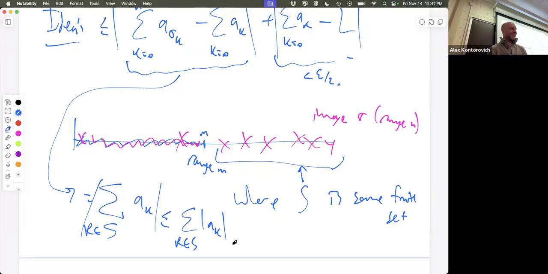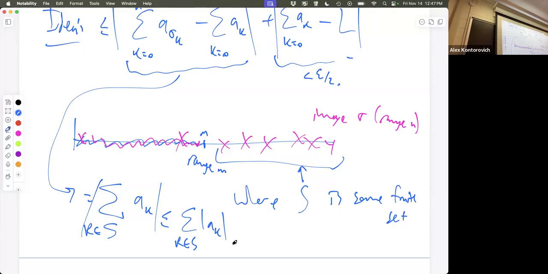Joe? It's absolutely convergent, so the terms go to 0, and once m gets large enough, we know k is greater than m. So we can make that arbitrarily close to 0. Keep going. Why?